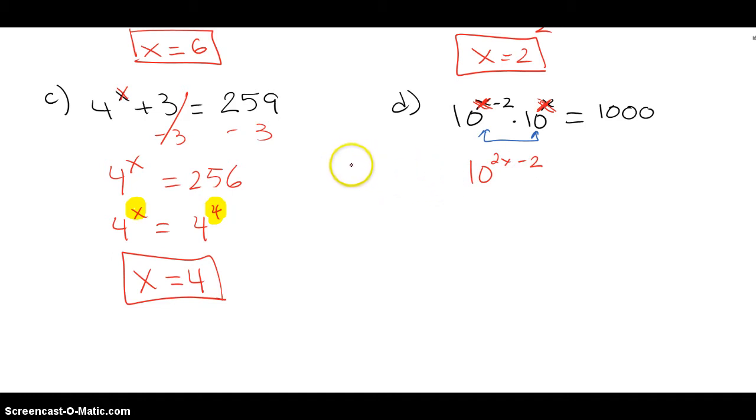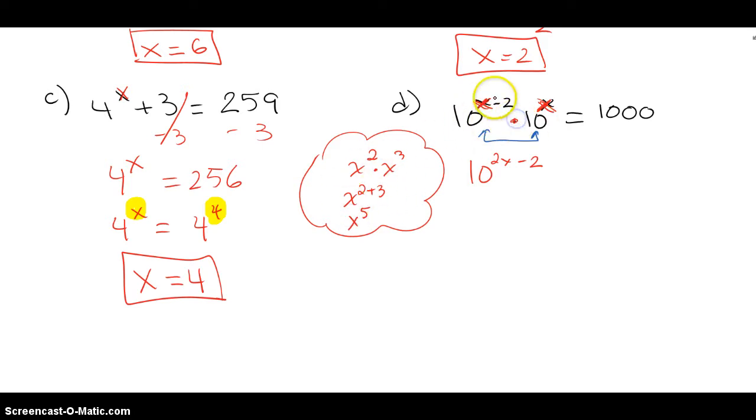Well, I'm using this basic idea that if I have x squared, let's say, times x cubed, and the bases are the same, that actually ends up being x to the 5th. So this is the property I'm using. Same base, when you're multiplying, simply add the exponents. So I just added the 2 exponents. And on the right, I'm going to rewrite 1000 as 10 cubed so that the left and the right can have only one base and both be the same base.